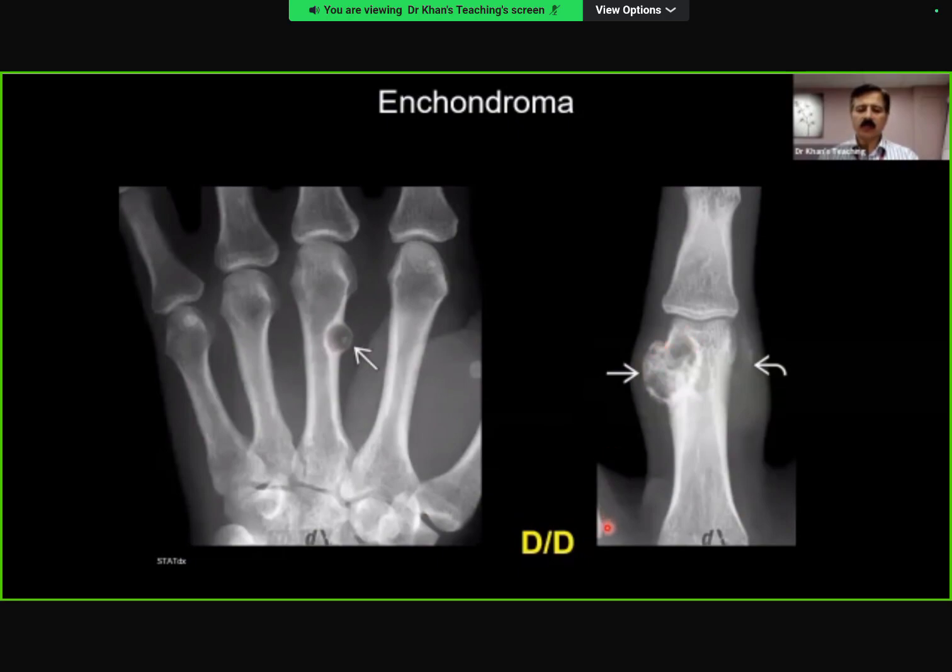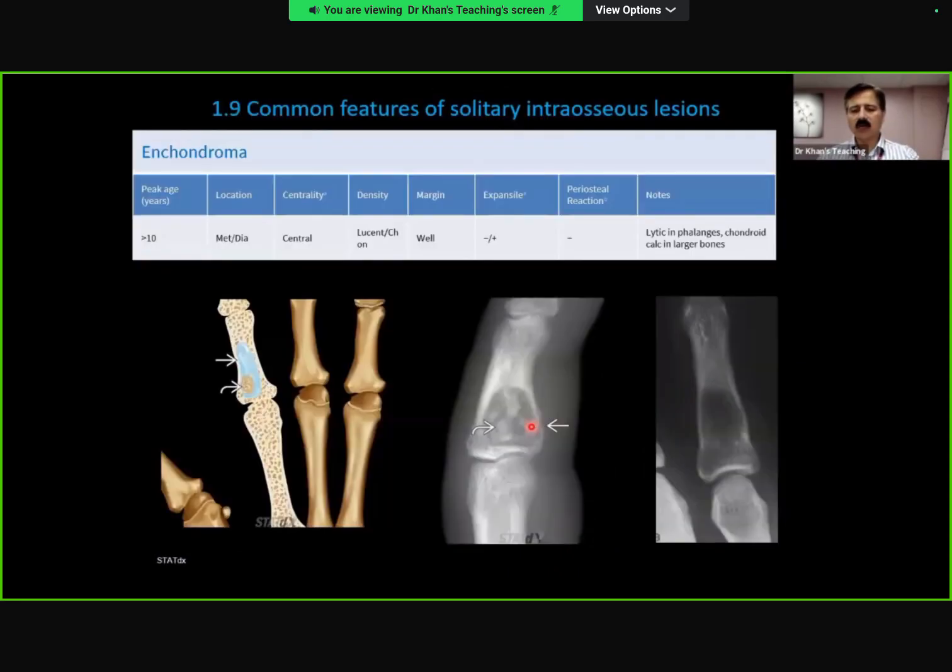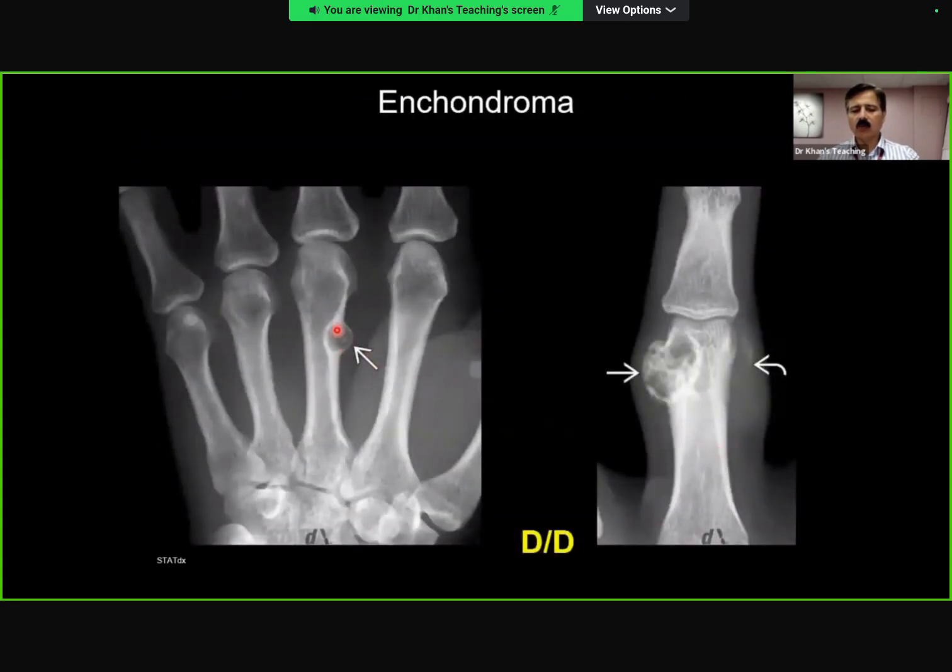The basic concept we learned is that enchondroma is in the medullary cavity and it is central. But you should know that there can be enchondromas which arise from the cortex. Why? I'll tell you why. Because in Ollier's disease, etc., you can get these kinds of lesions.